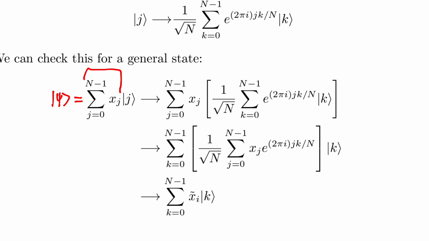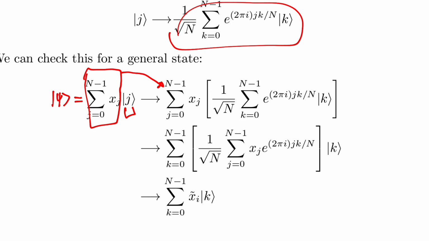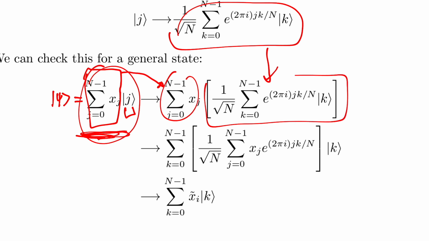This summation here is just brought right over, and then the transformation on J comes directly from here and gets put right in there. And that's linearity, right? The transform of the sum is the sum of the transforms. On this side we want to do the transform of this sum, but what we're going to do is sum up the transforms of each of the pieces of the sum.